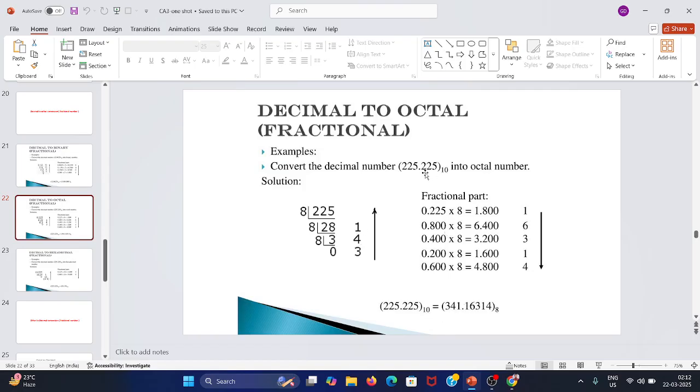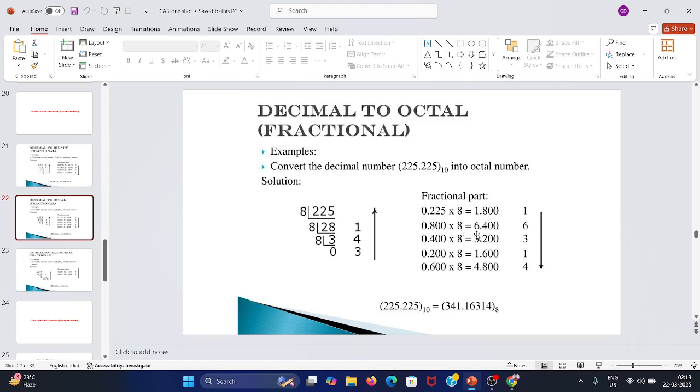Now the right part, 0.225. We multiply it with the base to which we are converting, which is 8 in our case, and get 1.800. We take the integer part aside, and after that we multiply the fractional part, 0.800, with the base, 8 again, till it becomes 0.